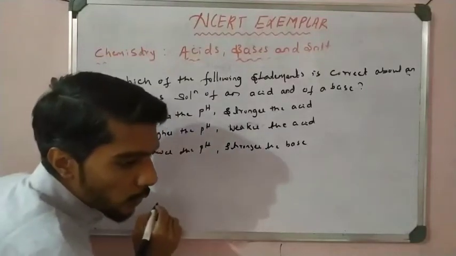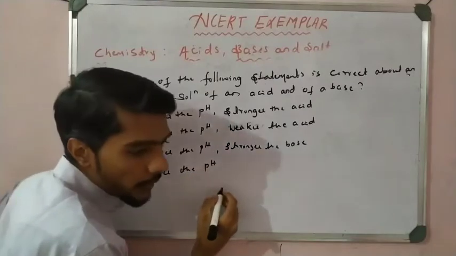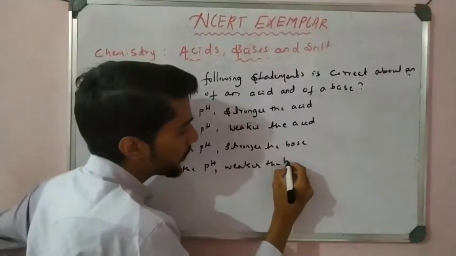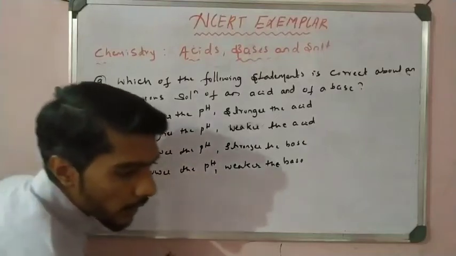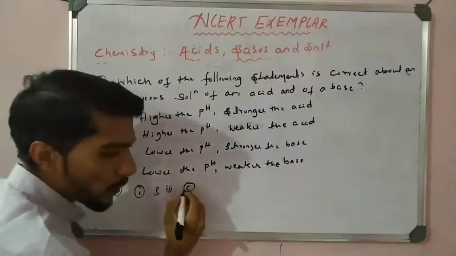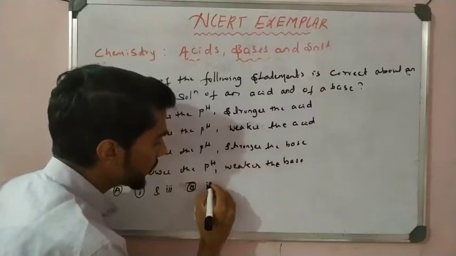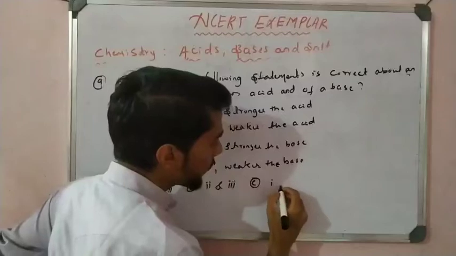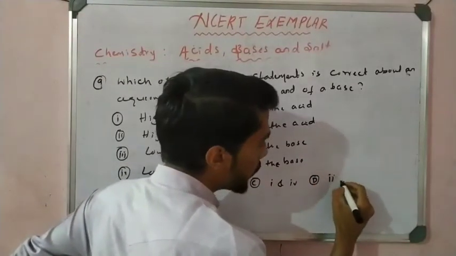And the fourth one: lower the pH, weaker the base. Option A: 1 and 3, option B: 2 and 3, option C: 1 and 4, option D: 2 and 4.